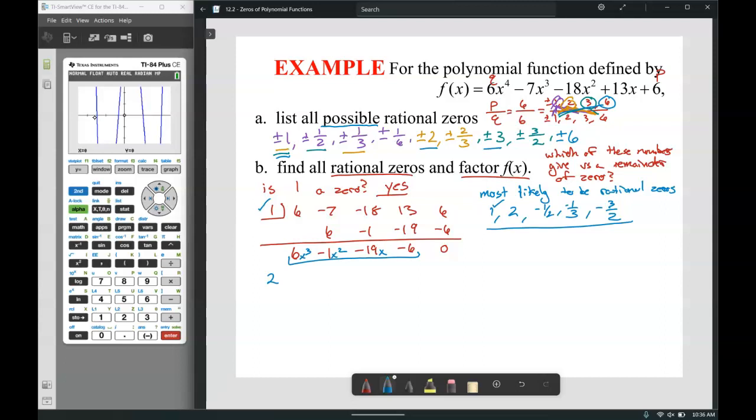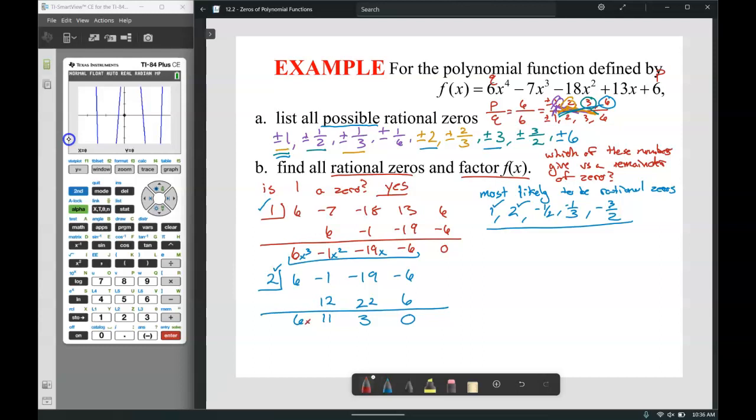So when I go to find a 0 and continue factoring, I can just use the new polynomial's coefficients and constant, so that it continues to be factored even more. And so now I can use this new list of numbers and repeat the process. And I see that 2 is indeed another 0 because I get this remainder of 0.